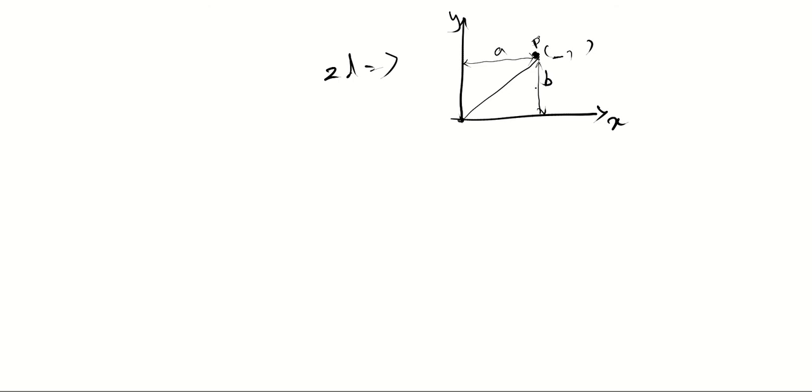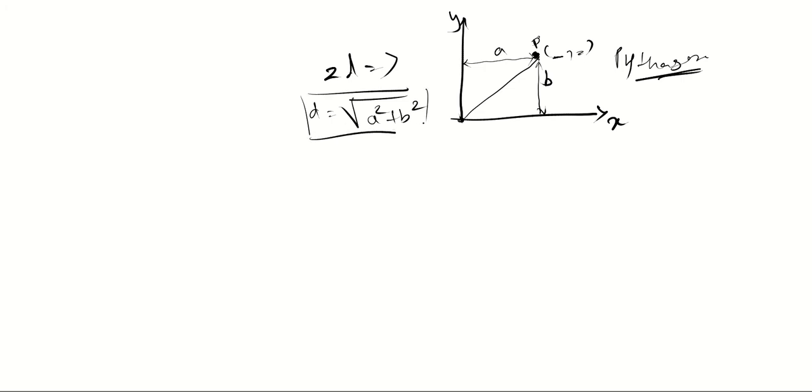Okay, so if we use the normal Pythagoras theorem that we learned in our previous grades, we can easily determine the distance of the point from the origin. So D is equal to the square root of a square plus b square. That's how we get the distance of a point from the origin just by using the Pythagoras theorem. Now, when we apply to three-dimensional space what we applied in two-dimensional space, we just have to add another component.